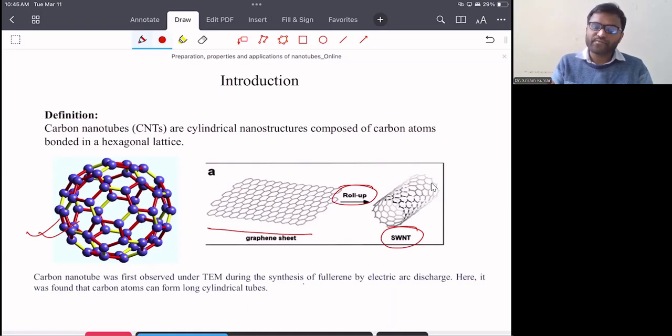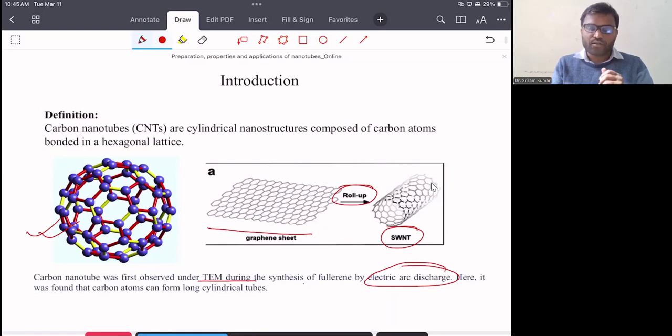However, they found that under the study, graphite becomes carbon nanotubes under the electric discharge method. And then after, the scientists were also working in those fields to improve the overall synthesis process of the CNT.